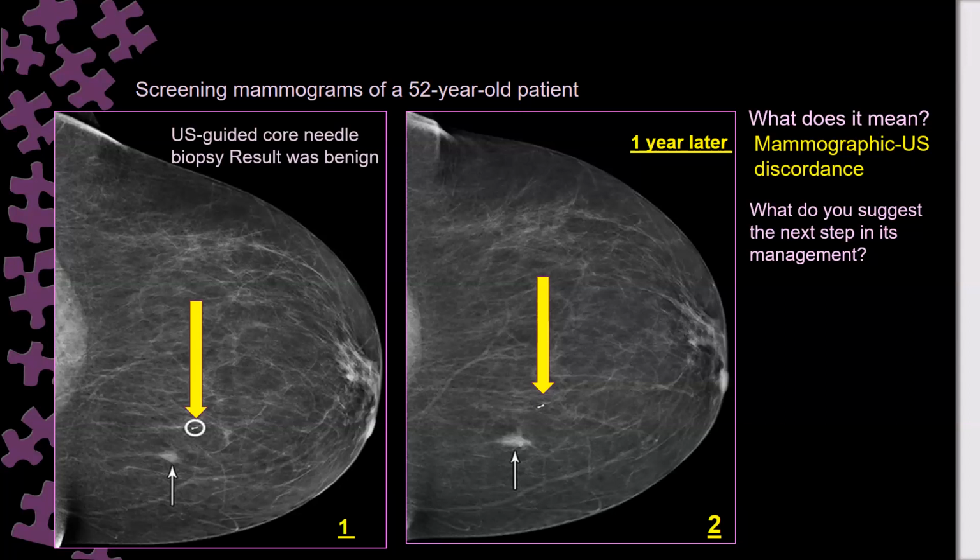Second look ultrasound, and then definitely we need to rebiopsy. Yes, we have to rebiopsy. If it was difficult, we'll go for MRI.